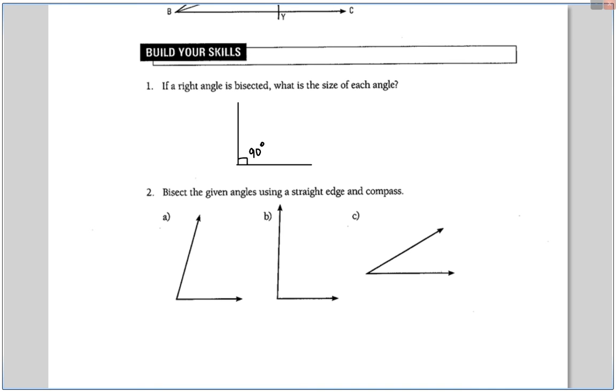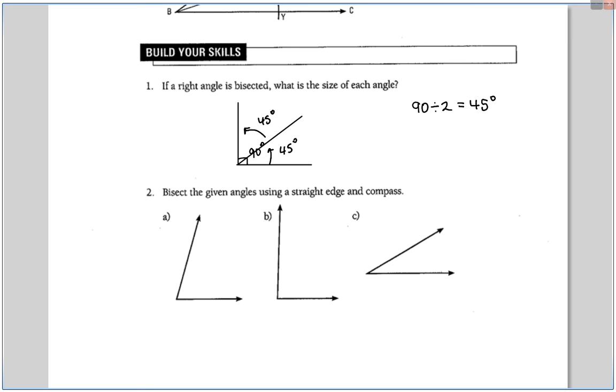So if we were to bisect that, we're talking about cutting that right in half, and I can estimate that pretty well with my iPad here. 90 divided by 2, 45 degrees, so from there to there is 45 degrees. From there to there is also 45 degrees.